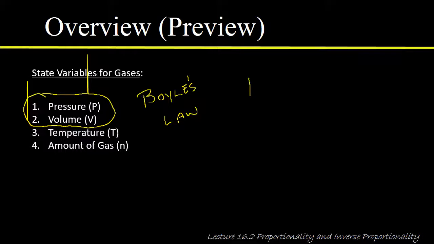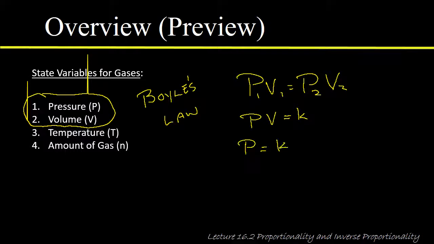One of the more common ways you'll see this is P1 V1 equals P2 V2. You'll sometimes see PV equals K, or P equals K times 1 over V, or V equals K times 1 over P.